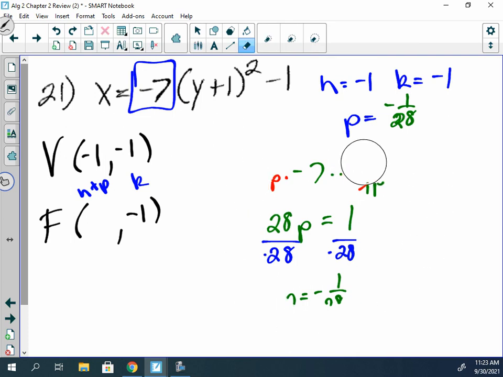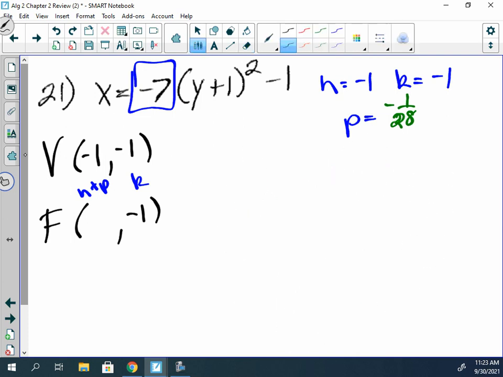I'm going to erase this here, because to find the x value, that is our h plus p. Well, what is h? Plus negative 1/28. Well, that would be negative 1 and 1/28. Or if we wrote it as an improper fraction, it would be negative 29/28. And again, you can type that into the calculator.